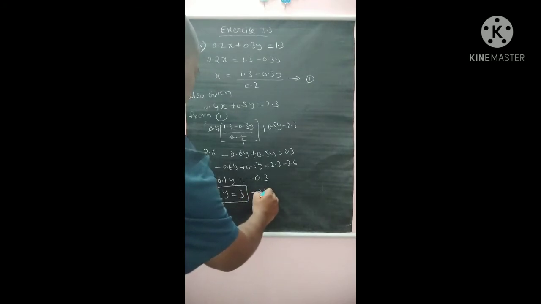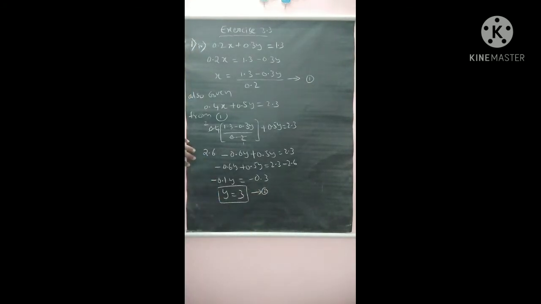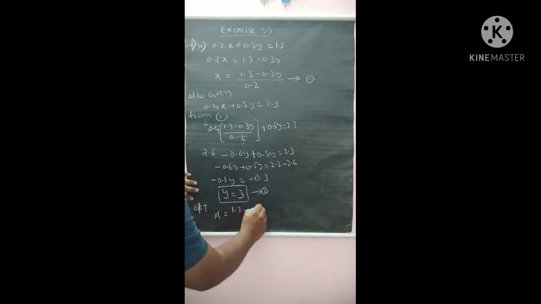So this is 2. We know that x equals (1.3 minus 0.3y) by 0.2.